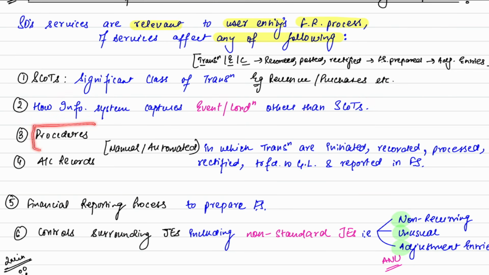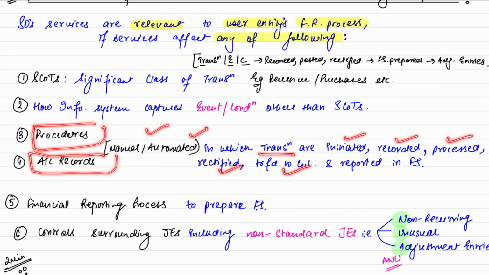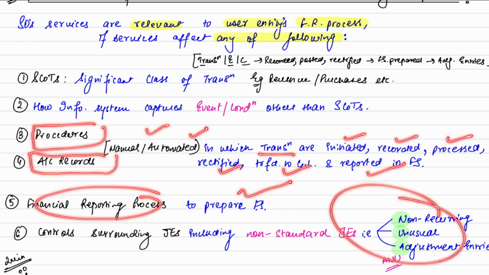Then see how the procedures are done, and similarly how the accounting records are updated, manually or in automated form, through which the transactions are initiated, recorded, processed, rectified, transferred to the general ledger and reported in the financial statements. Then you will talk about the financial reporting process to prepare the financial statements, and after the financial statements are prepared, we pass the adjustment entries.